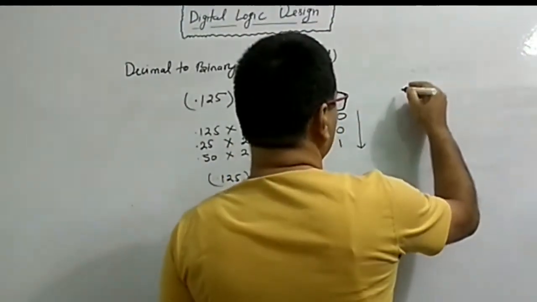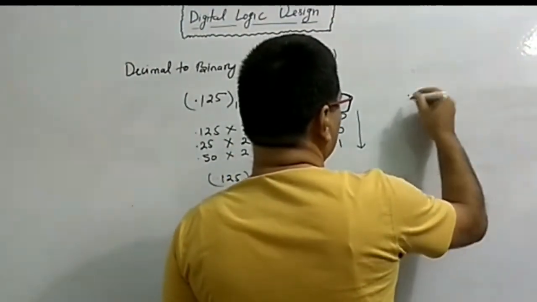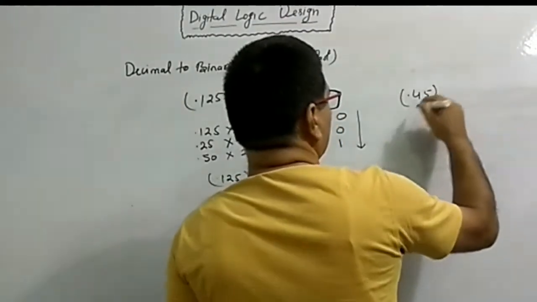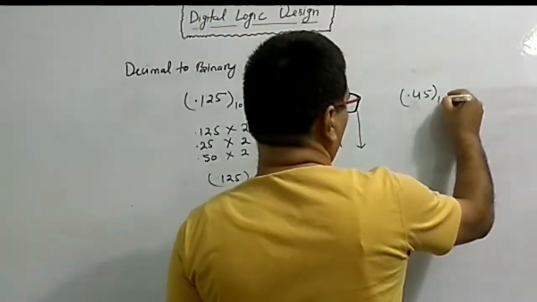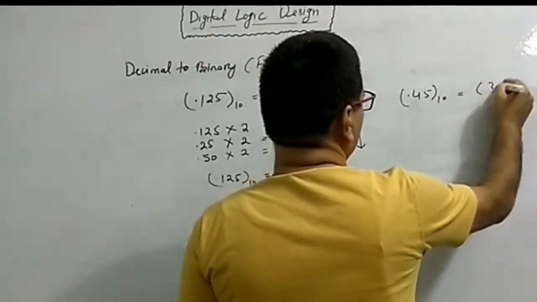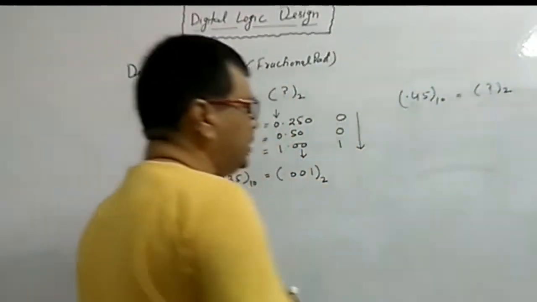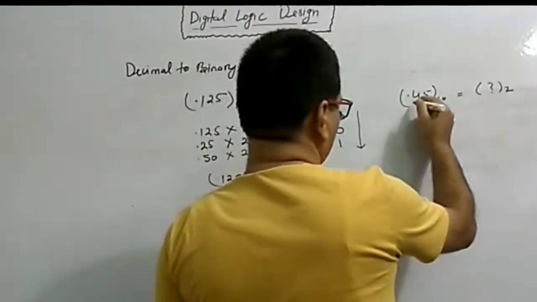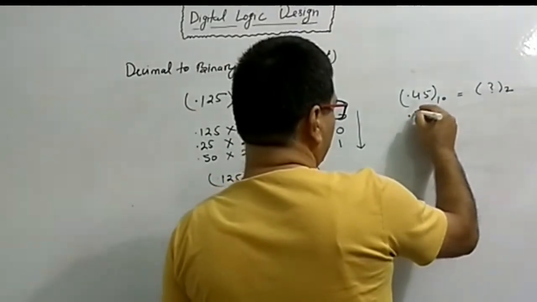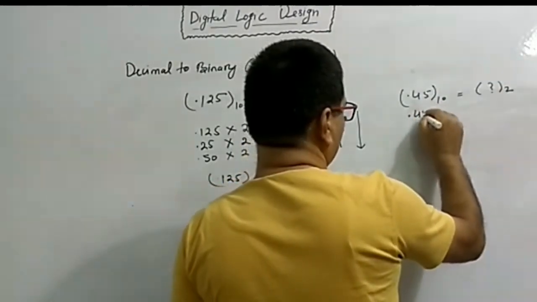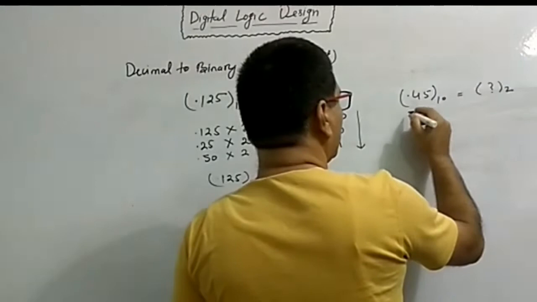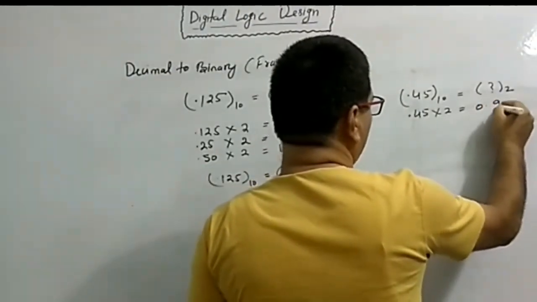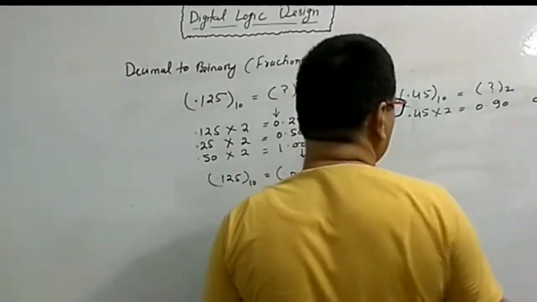Now let us take another example. Let us convert the number 0.45 of decimal into the equivalent binary. First of all, do the same process. 0.45 multiplied by 2 is equal to 0.90. Integer portion is 0.